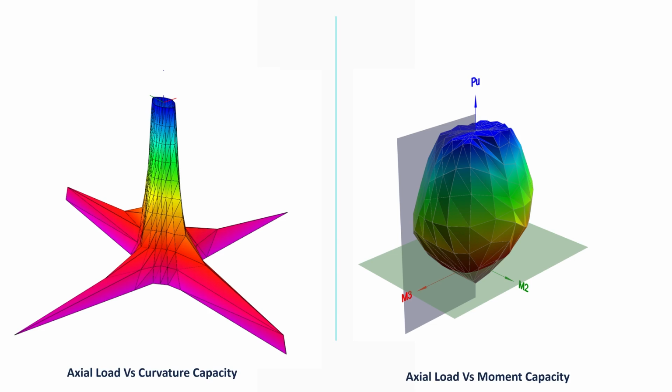In this one, the neutral axis angle and the neutral axis depth is varied. In this one, the cross-section angle is varied, and the angle plus the strain axial load is varied to find the solution that matches that axial load. Okay, so it's different.